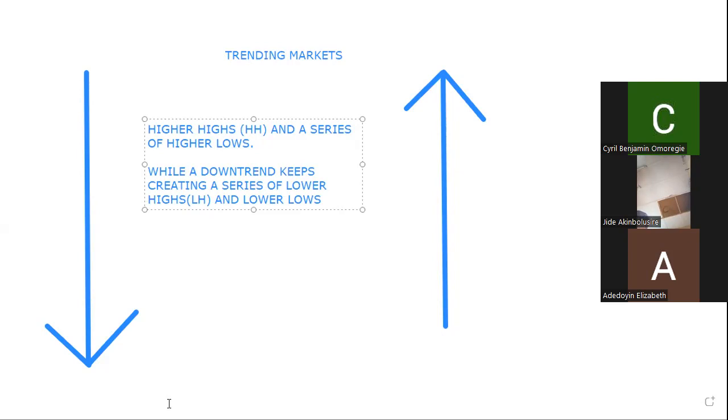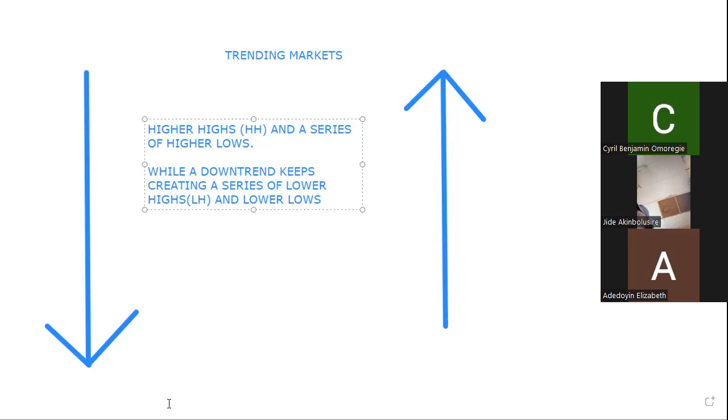Imagine moving from the ground floor to the first floor, you just went high. When you move from the first floor to the second floor, you went even higher. That's why we say higher high. If you move from the second floor to the third floor, you created another high that was higher than the previous high point. That's what makes it an uptrend.